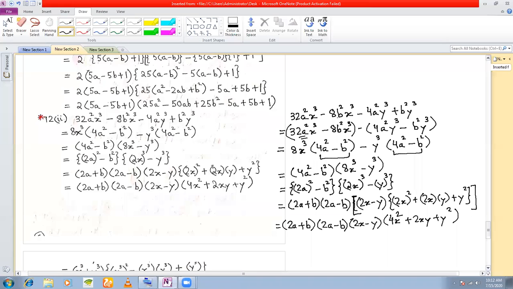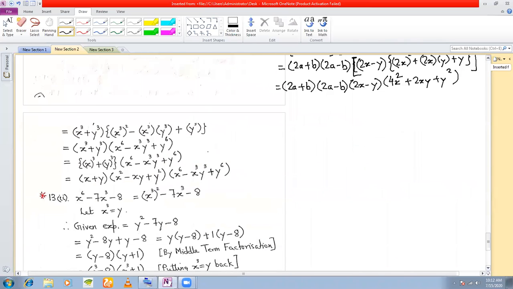Why did I group first? Because I saw that none of the terms is a perfect cube. So that's why I grouped the terms together and took out a common factor. Also, since there were 4 terms, I could always group them in twos. So I grouped them in twos, and then it became a difference of 2 cubes and a difference of 2 squares.